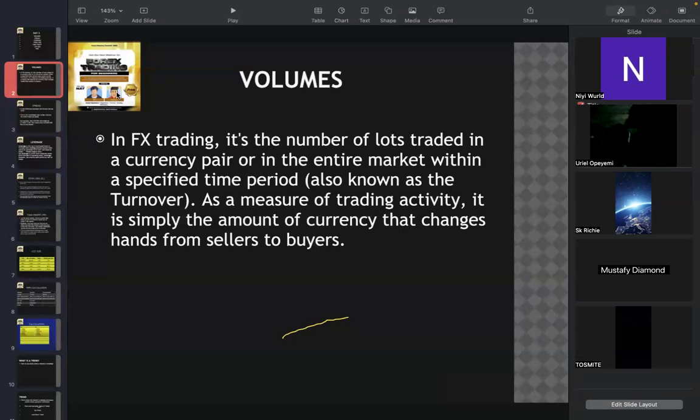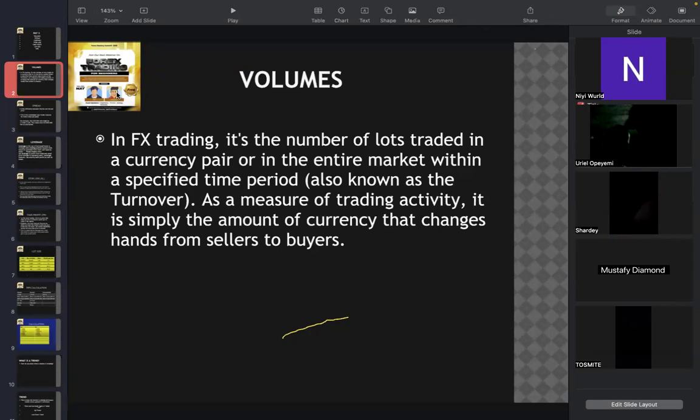Volume in trading is the number of lots traded in a currency pair or in the entire market within a specific time period, also known as turnover. It means how many trades are taken, the number of lots traded in a currency pair at a specific time.